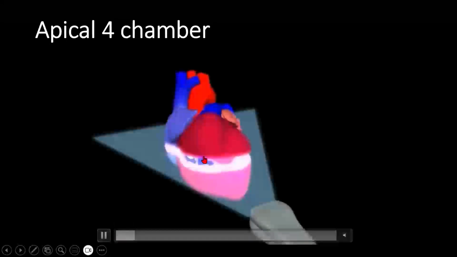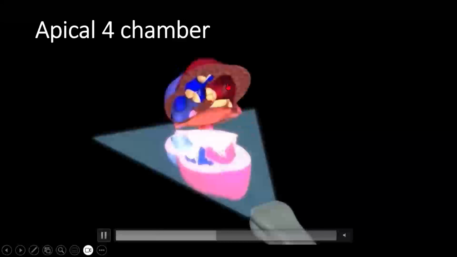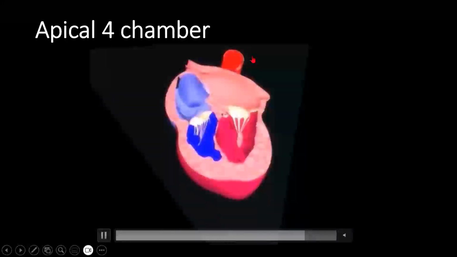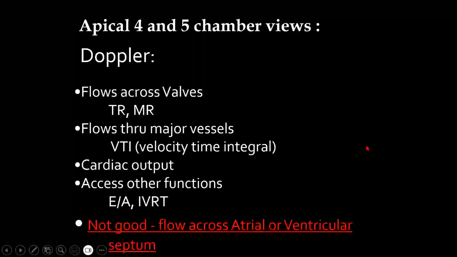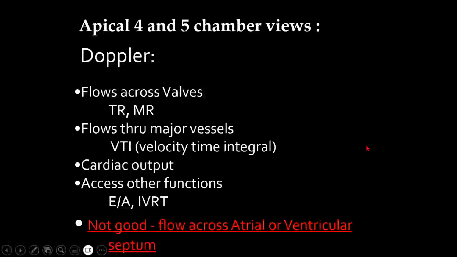So when it gets cut, this aorta, which is wrapping backwards, is being cut like this and shown like this. So this is a four chamber view with LA, LV, RA, RV, pulmonary veins and aorta. And then you have this. I will show you that sweep. When you sweep anteriorly, you will have this five chamber view. How it happens, I will show you in one animation.